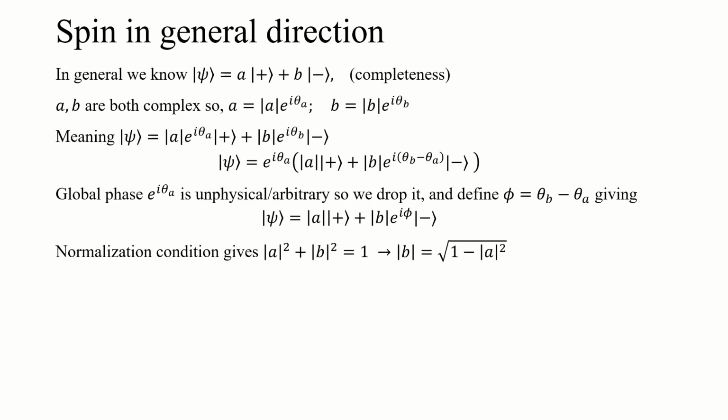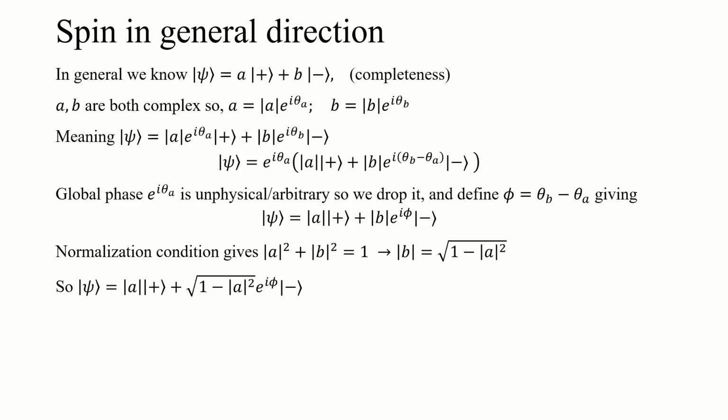But what we can do is take the normalization condition, which is that these vectors are normalized, so a squared plus b squared is going to be equal to 1. The inner product of that vector with itself gives us 1. And we can rearrange that to define the magnitude b in terms of a, and we can finally rewrite that general ket this way.